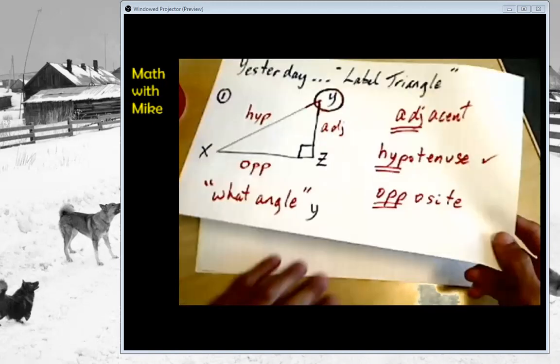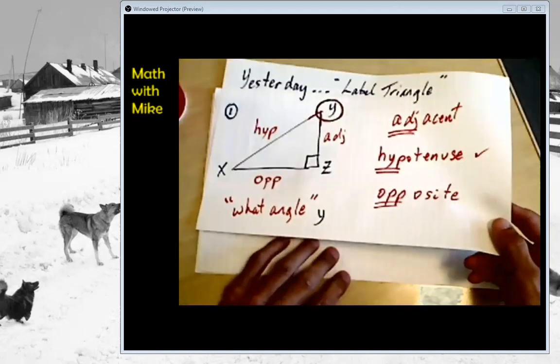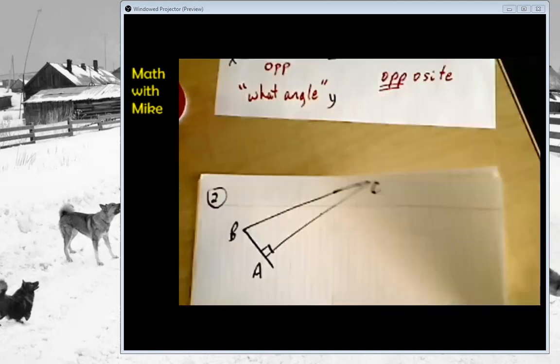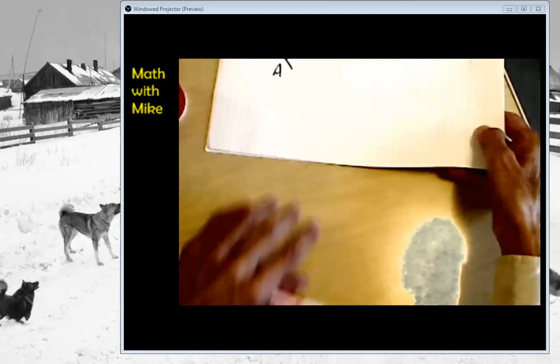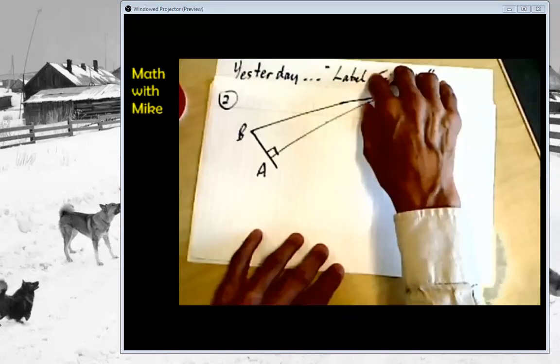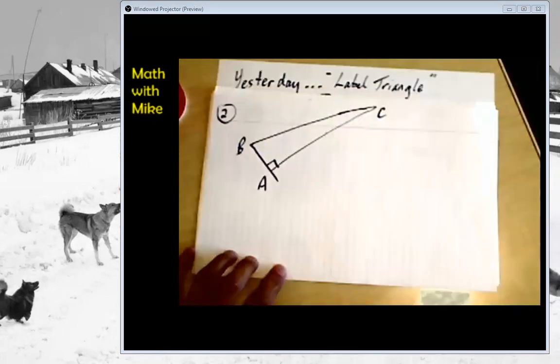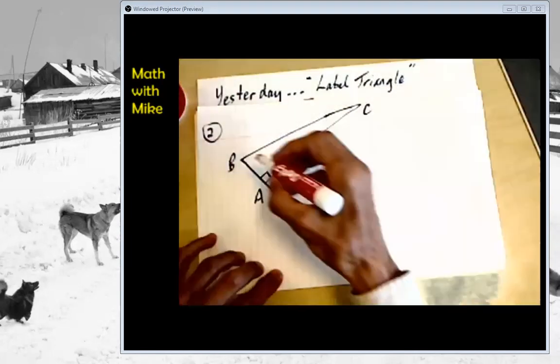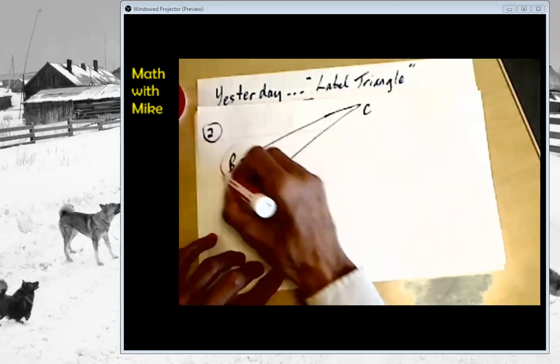I think I got a second example. Oh yeah, I do. Just crazily drawn. All right, so there that is. The angle we're looking at is angle B, just because.